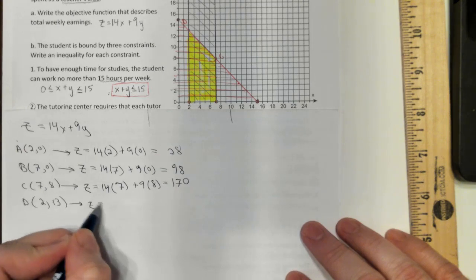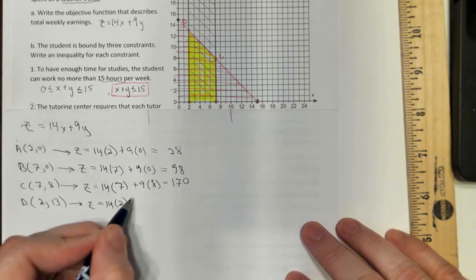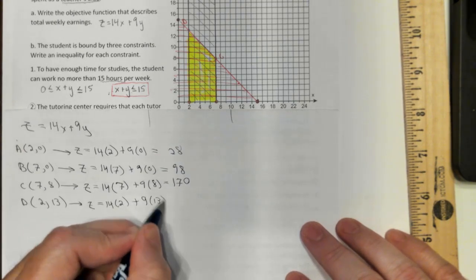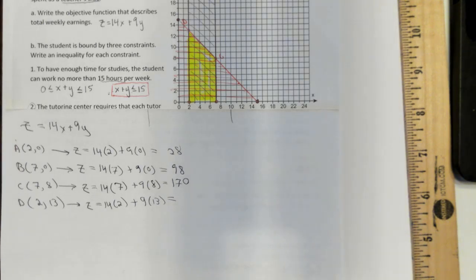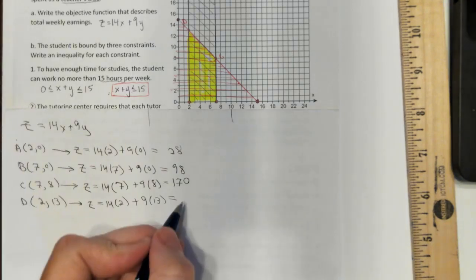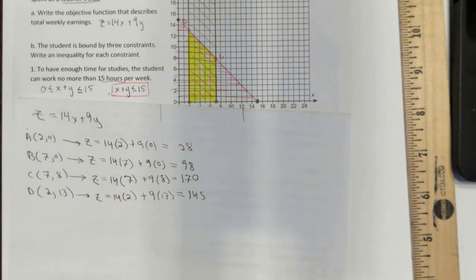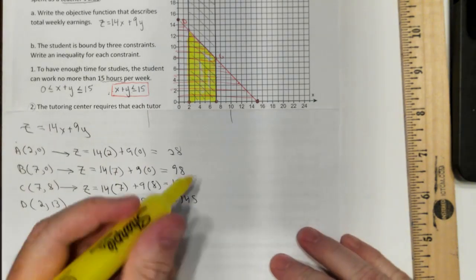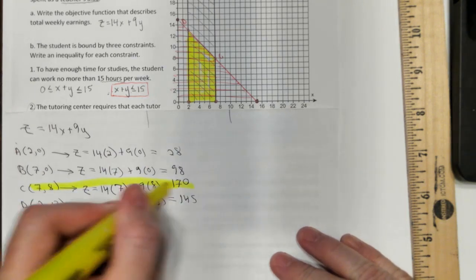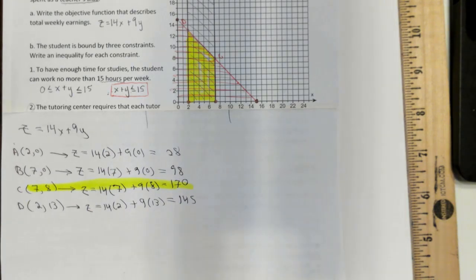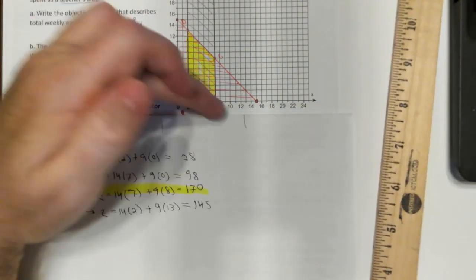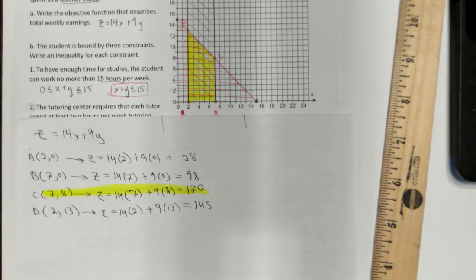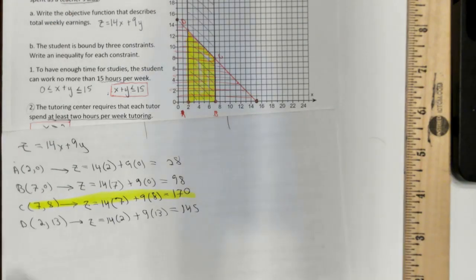And then let's see this last one, 2, 13. All right, 14 times 2 plus 9 times 13 is 145. So it looks like the winner, the maximum, is this. I am going to show you how to find these points, but I'm going to do that after we just finish this problem.